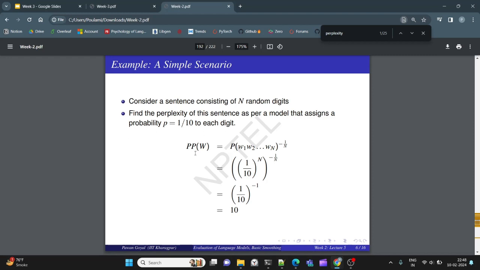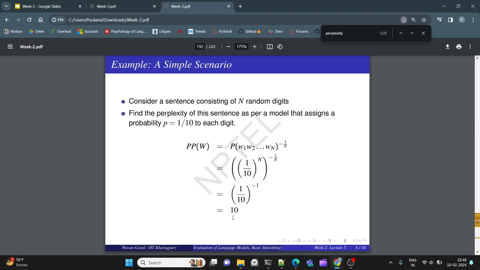The perplexity of W, the entire corpus which consists of capital N words, is computed by taking the inverse of the probability and normalizing it with the number of words. So we compute 1 by 10 to the power capital N, all to the power minus 1 by N. Finally, we get the value of 10.